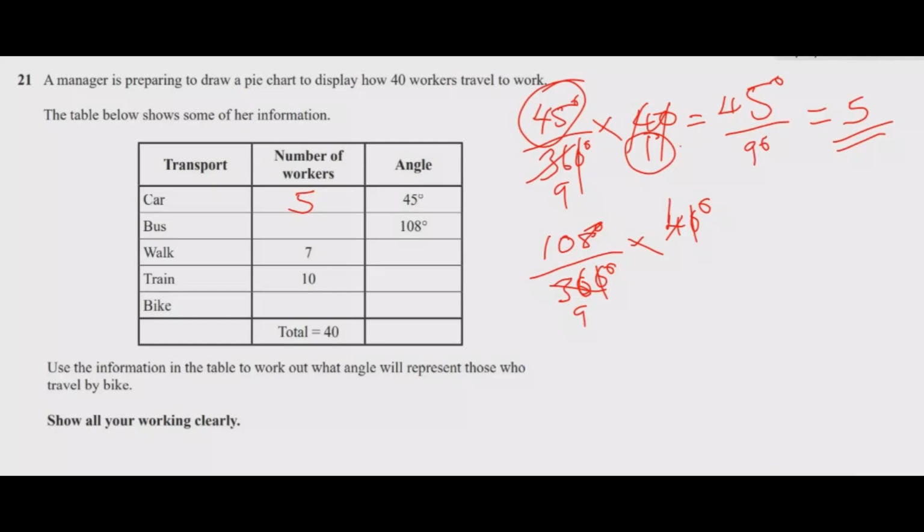Then we say equals 108 times 1 will give us 108 degrees, which will be over 9 degrees. Then we say 9 degrees into 108 degrees will go 12 times. So 12 is the number of workers who came by bus.